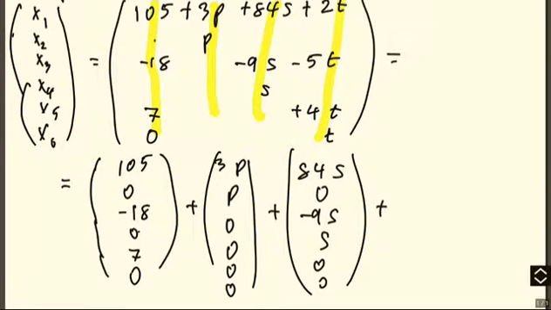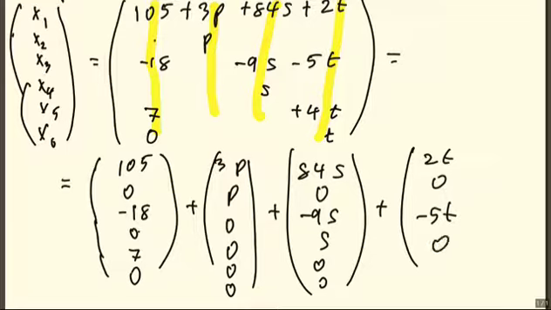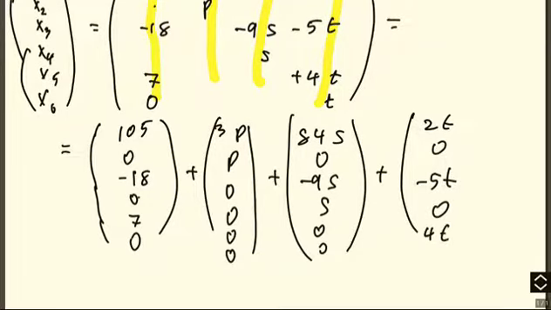And then for the t's column we have 2t, 0, minus 5t, 0, 4t, and t.